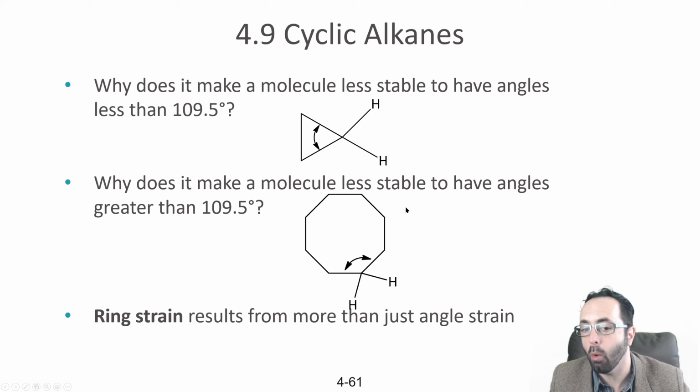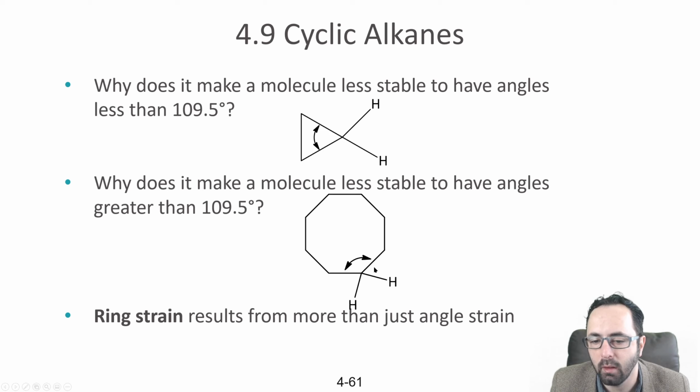And when I say wants to, the reason is the repulsion between the electrons in the bonds. When you have a short angle, these bonds are getting too close to each other, and they repel. When you have a wide bond angle, the bond angle between the hydrogens and the carbons gets smaller, and so they repel. So ring strain is due to the angle and also due to other factors.